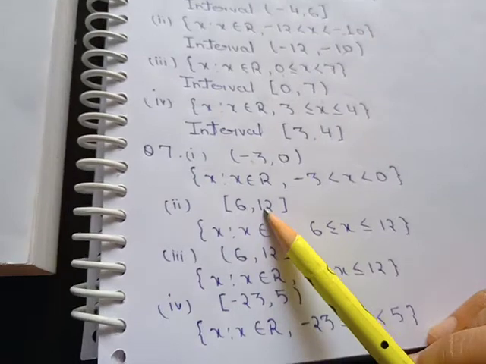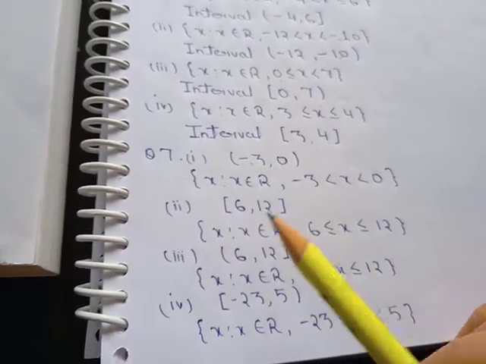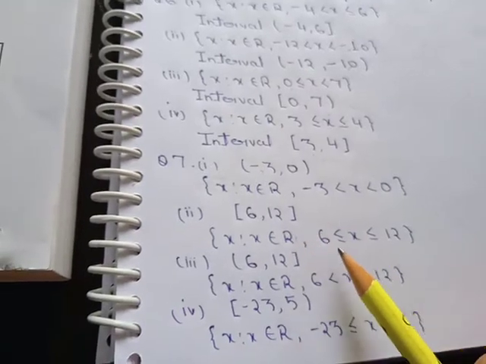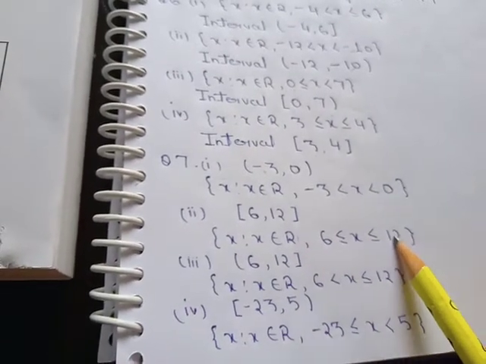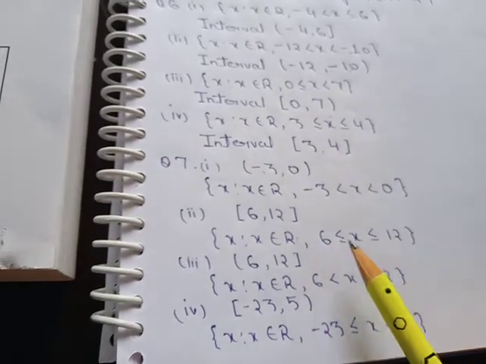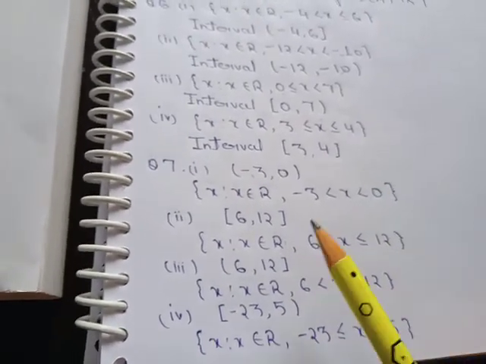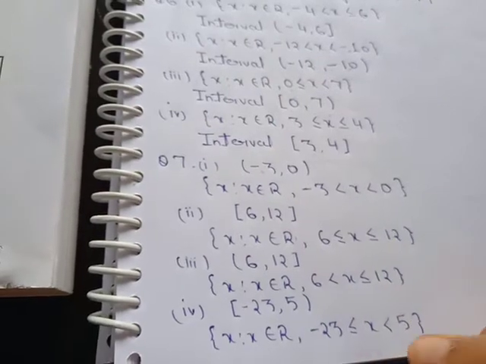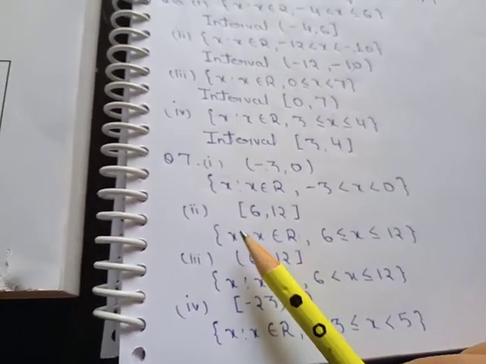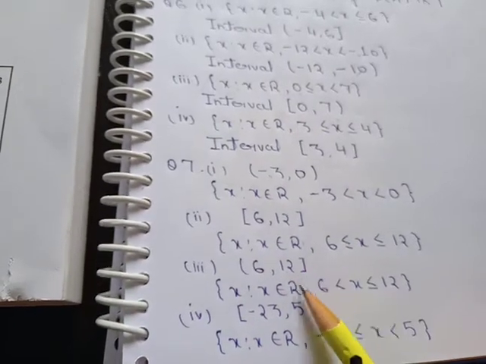Next, [6, 12] with closed brackets. So the set builder form is x such that x belongs to set R, 6 less than or equal to x less than or equal to 12. It means 6 and 12 both are included in this interval, and all the elements between 6 and 12 are also included. Now next, 6 with an open bracket and 12 with a closed bracket.